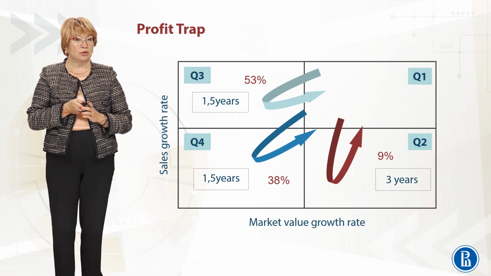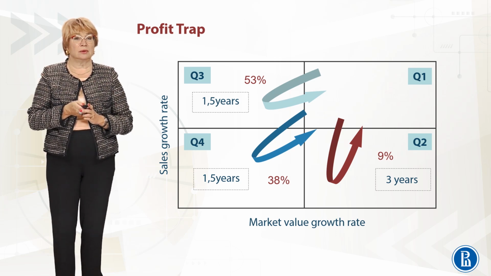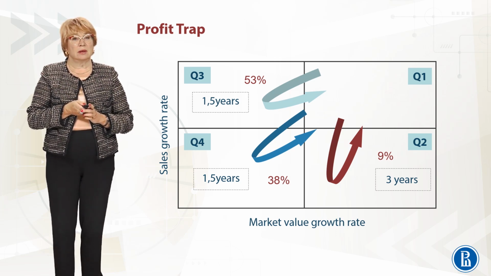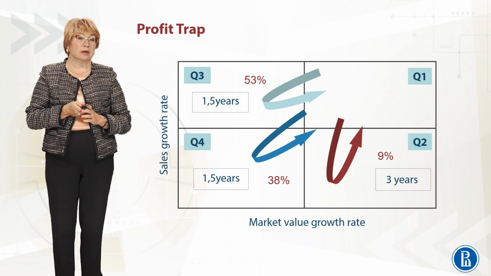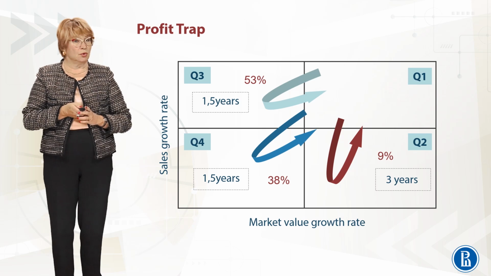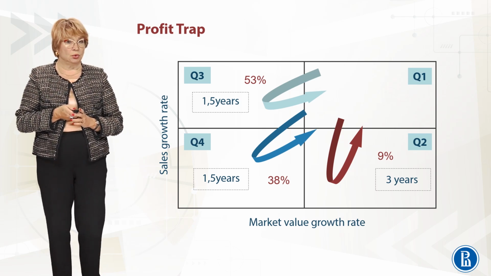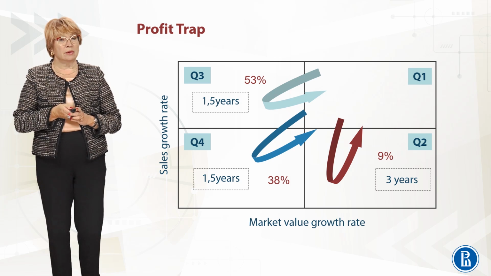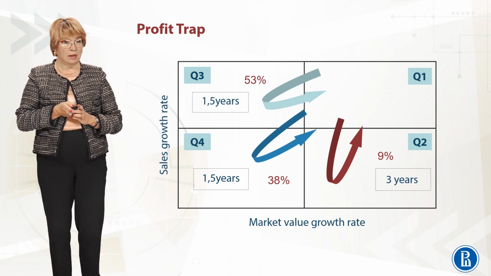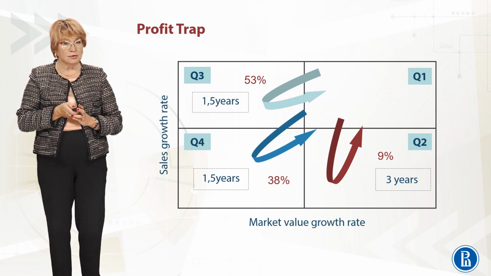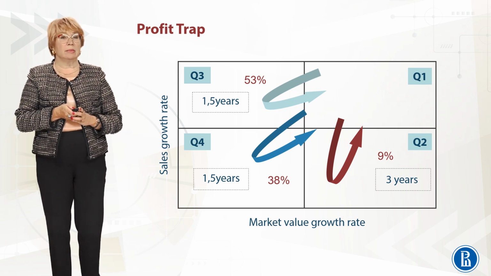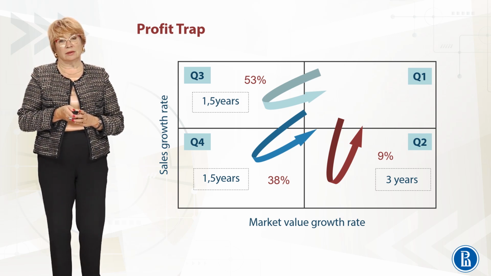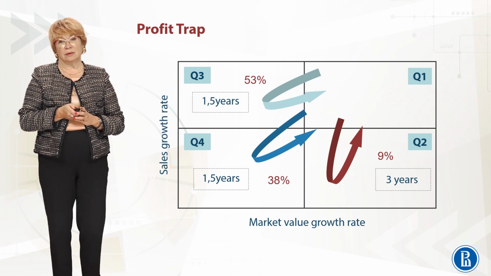Those who switched from Q1 to Q3 and even Q4 got back within approximately a year and a half. But those who moved from Q1 to Q2 took twice as long, within 3 years. And that's really interesting. That event has been called by A.T. Kearney consultants the profit trap.